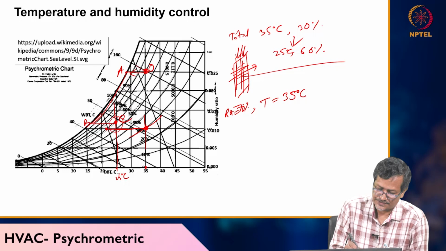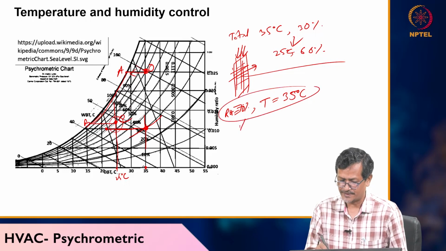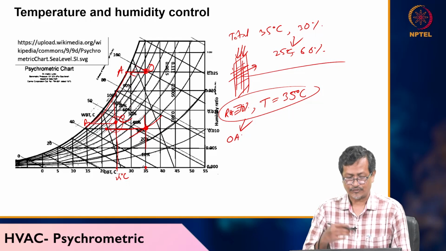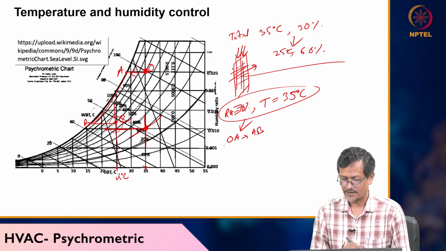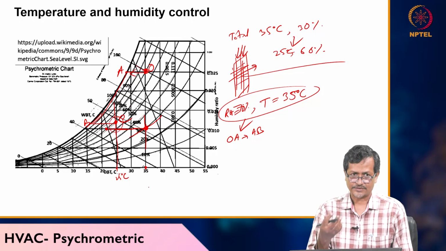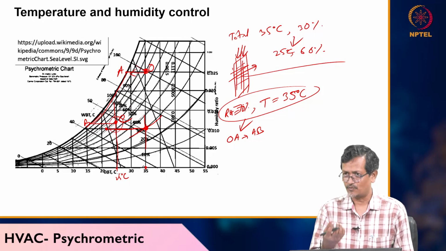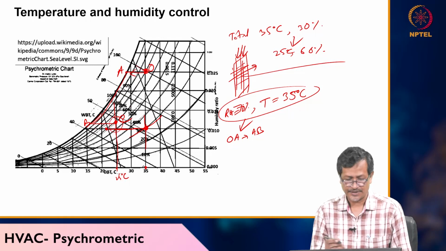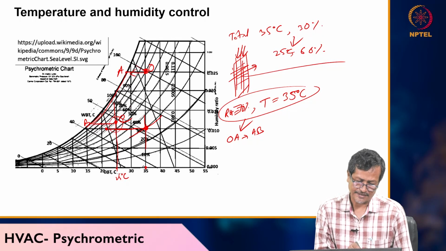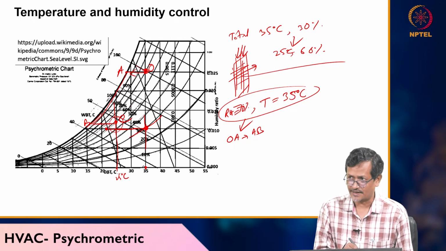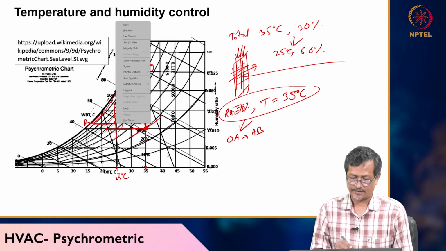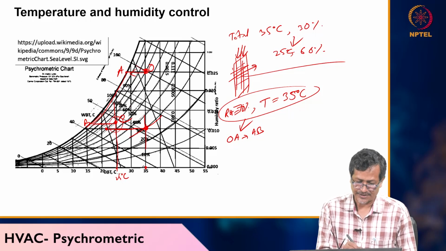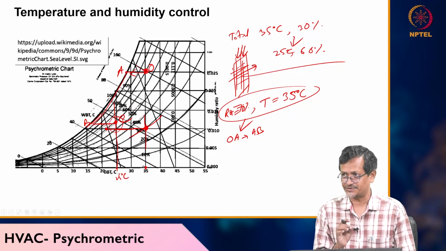So B, C. If you want to make this comfortable, OA, first you cool it, then you cool further A to B. A to B, what will happen? Lots of moisture will be condensed, some water particles will be drained out. Then again B to C, you increase temperature. When you are increasing temperature, you are maintaining that 60% and your desired temperature. Then you are reducing moisture as well as your temperature.